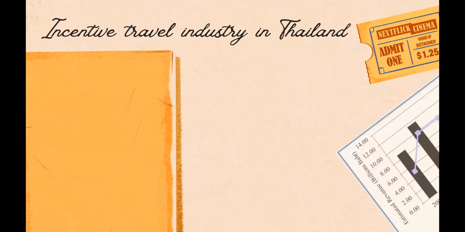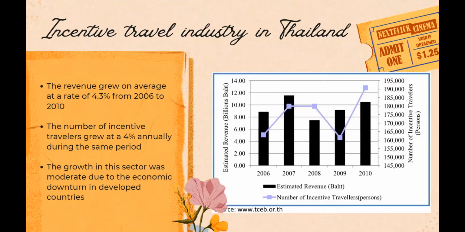As you can see from the graph, revenue grew on average at a rate of 4.3% from 2006 to 2010. The number of incentive travelers grew at 4% annually during the same period, and growth in this sector was moderate due to the economic downturn in developed countries.